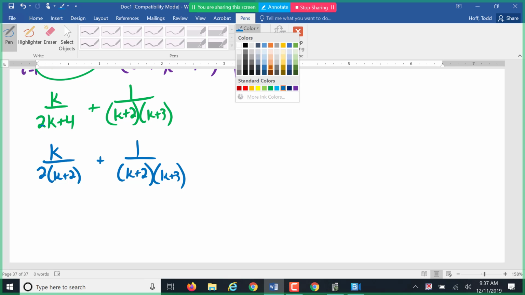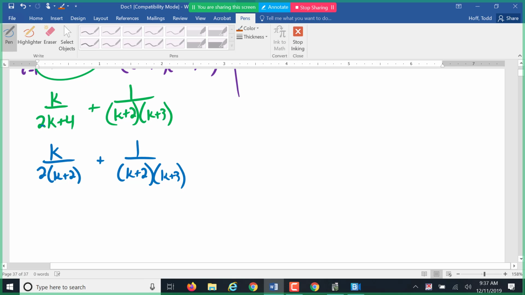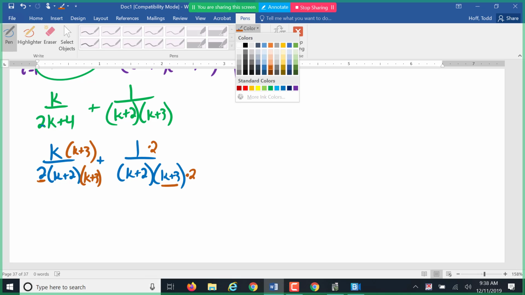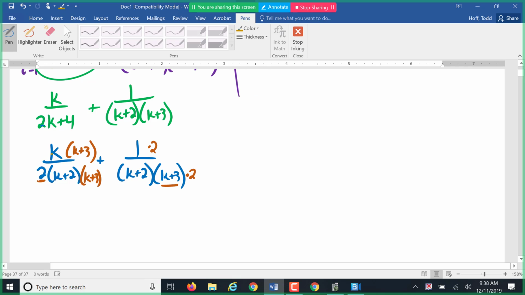Now, to combine those, we have to find a common denominator. This fraction has a 2 in the denominator that this one doesn't, so I've got to multiply numerator and denominator by 2. This fraction has a k plus 3 in the denominator that this first one doesn't. So I multiply numerator and denominator over here by k plus 3. So this over here ends up being k times k plus 3 is k squared plus 3k over, and I'm just going to leave these in factored form, 2 times k plus 2 times k plus 3.